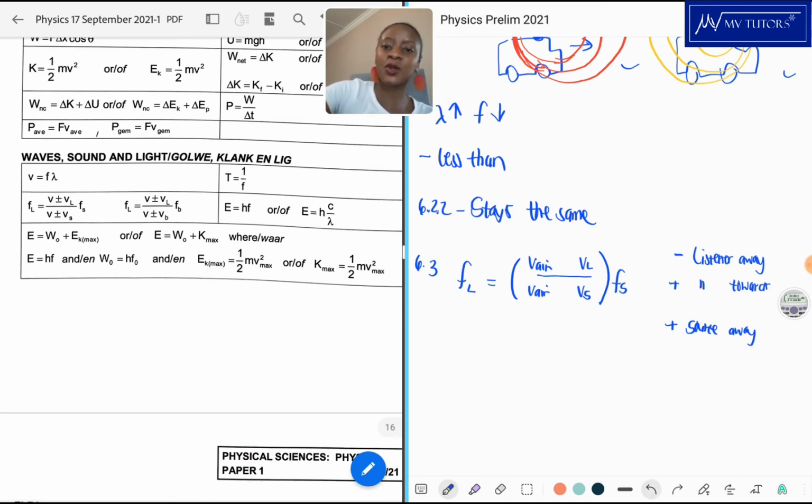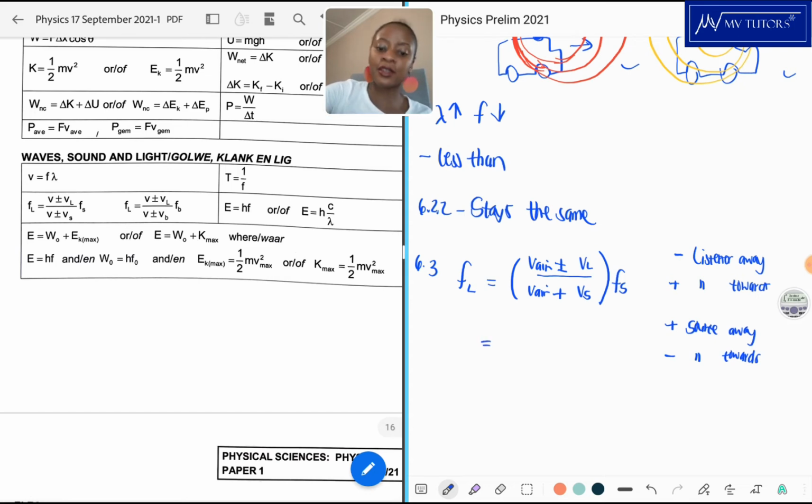And if the source moves towards the listener, then it is a negative. So now what do we have here? We actually have the source moving away, so in this case we will have a positive here. In terms of the listener, the listener is stationary, so it doesn't matter whether you use a positive or a negative. I'm just going to use positive.